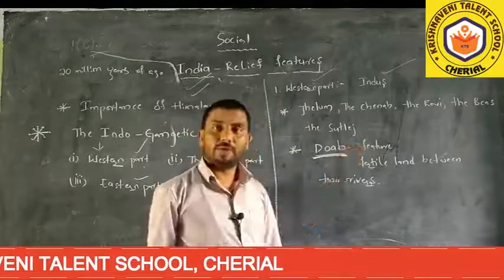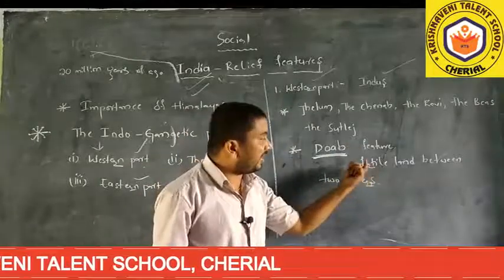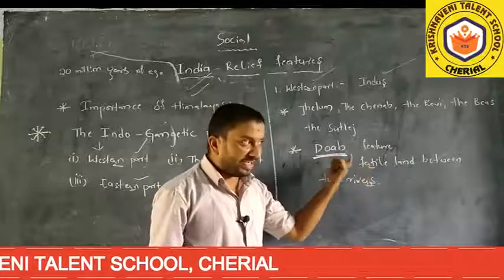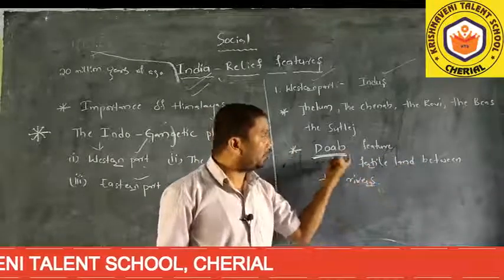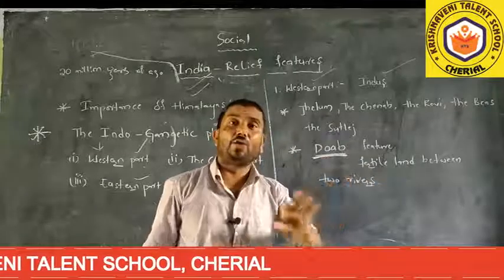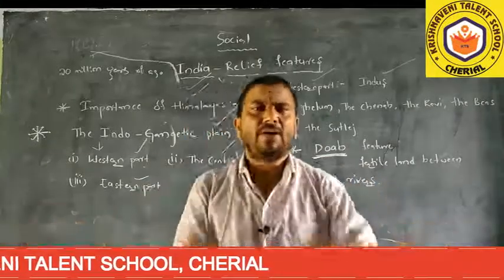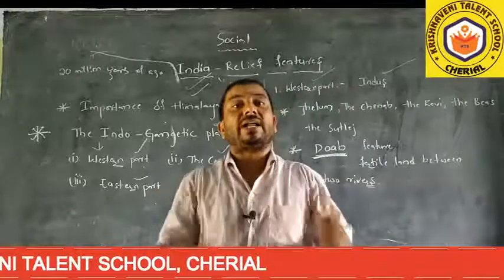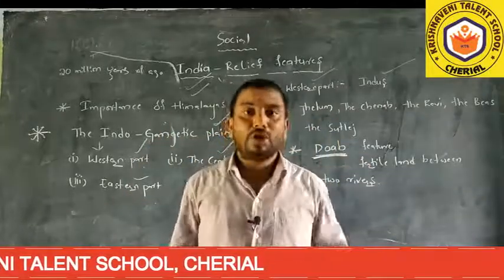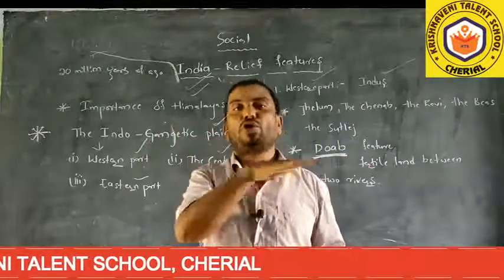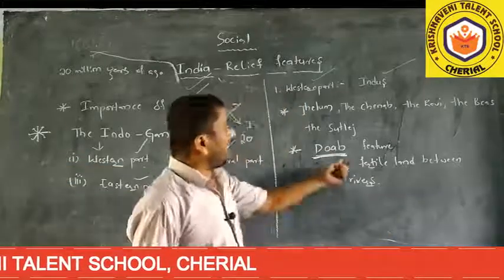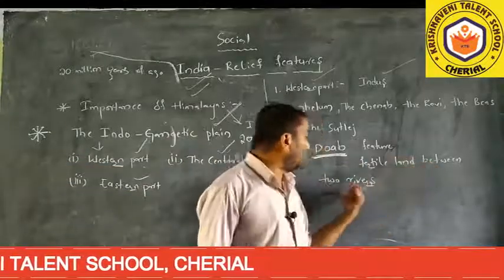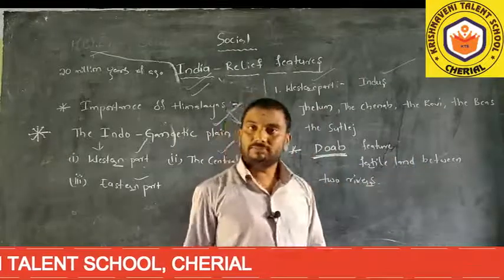Doab feature means fertile soil, the fertile land between two rivers. Doab means fertile soil. సారవంతమైన నేల అన్నమాట. So the fertile land between two rivers is called doab.